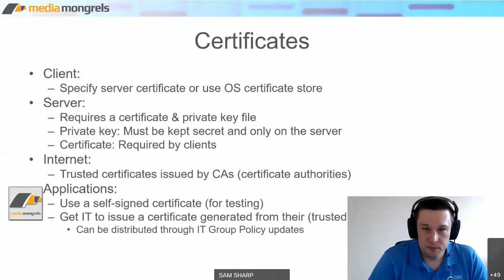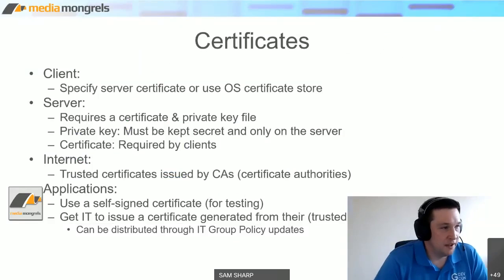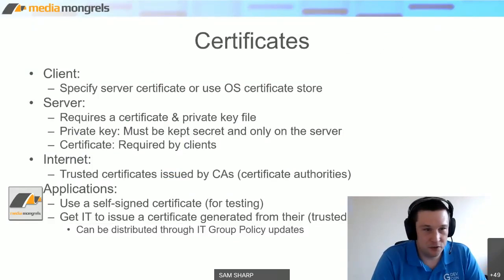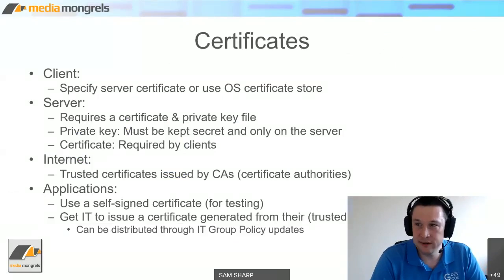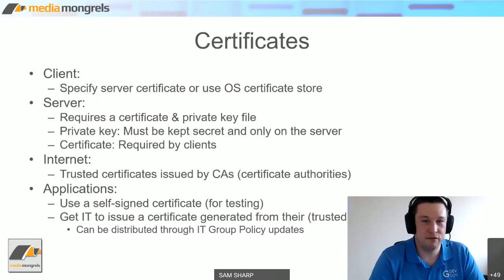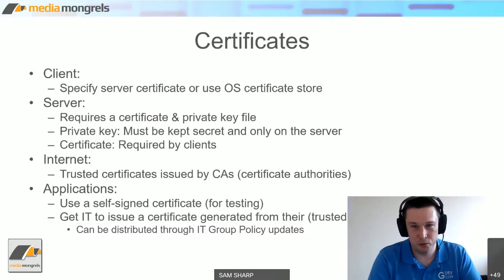And if we're acting as a server, then we need a certificate and a private key file. The private key file is really important. We shouldn't be giving that to anyone, and we certainly shouldn't be having it in applications, because if someone has that private key file, they can pretend to be your server. All they need is the certificate file, which you might give them to validate that you are who you say you are.